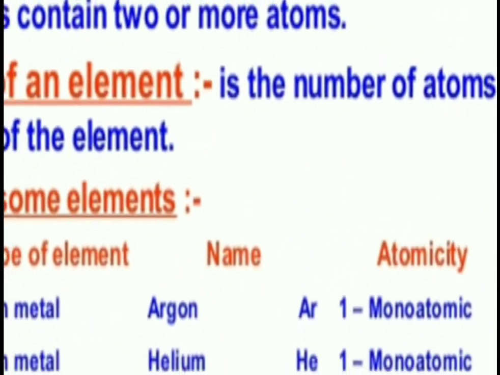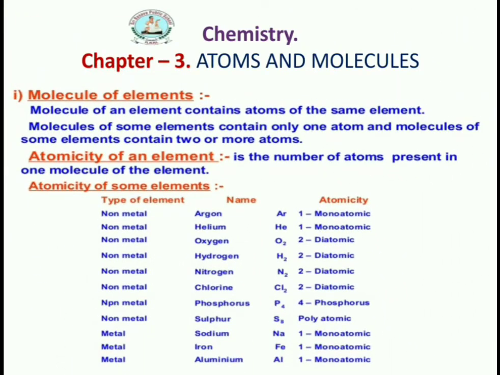Next you see, molecule of elements. A molecule of an element contains atoms of the same element. For example, H2, hydrogen. How many are there here? 2 are there. H plus H, then it becomes H2. So, here the same element has 2 atoms. Oxygen is here, O2. How many oxygens are there here? 2 oxygens, so 2 atoms.